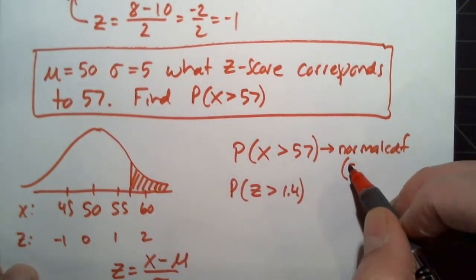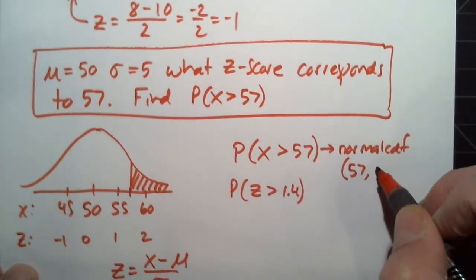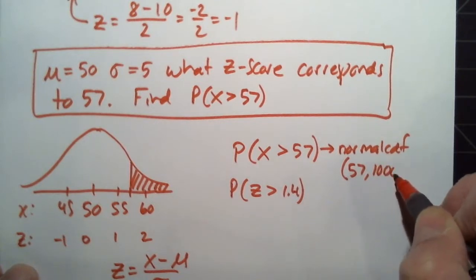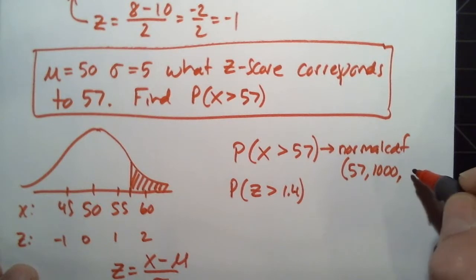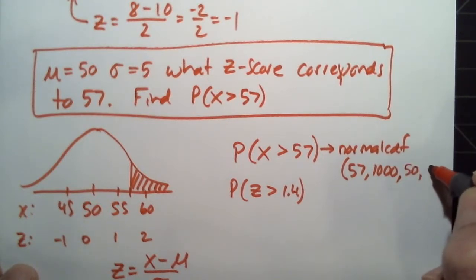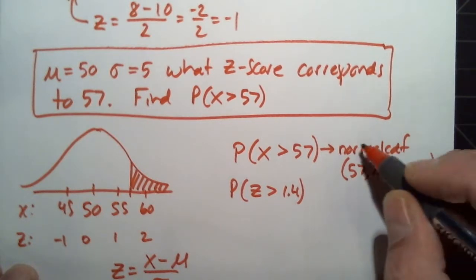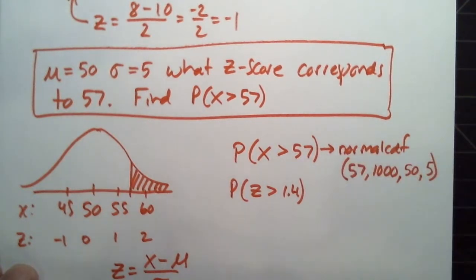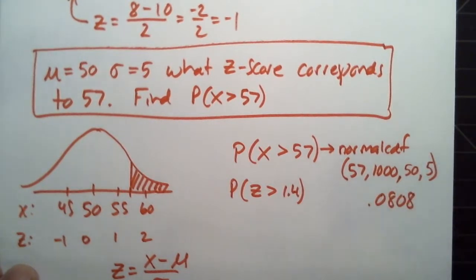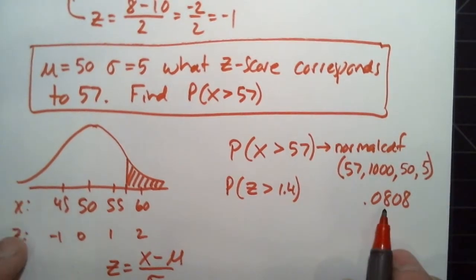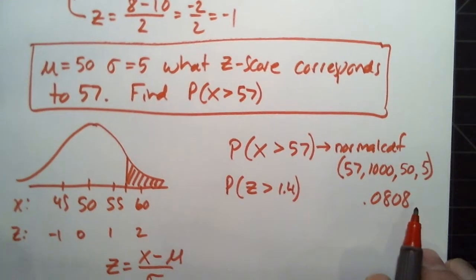It's going to be 57 up to 1,000, or 10,000 or a million, whatever you want to put there, with the mean of 50, standard deviation of 5. So if you do this in the calculator, we should get 0.0808. If you did this in the calculator with a mean of 0 and standard deviation of 1, you would also get 0.0808.